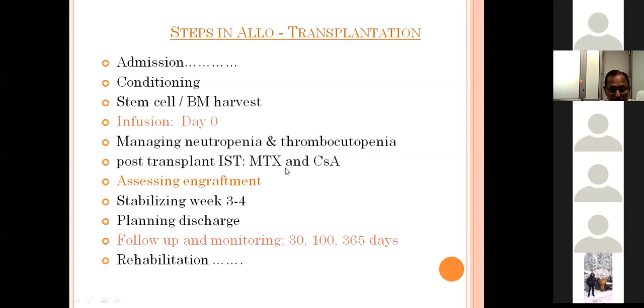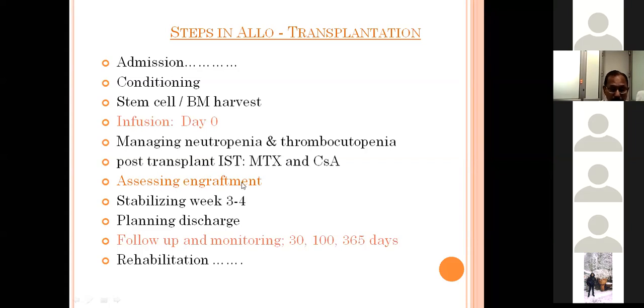Why this is important, we'll see in the subsequent. So once the patient has been infused with the stem cells and you have started the post-transplant immunosuppressive therapy, IST is the immunosuppressive therapy. Methotrexate and cyclosporin are the standard drugs for immunosuppression.